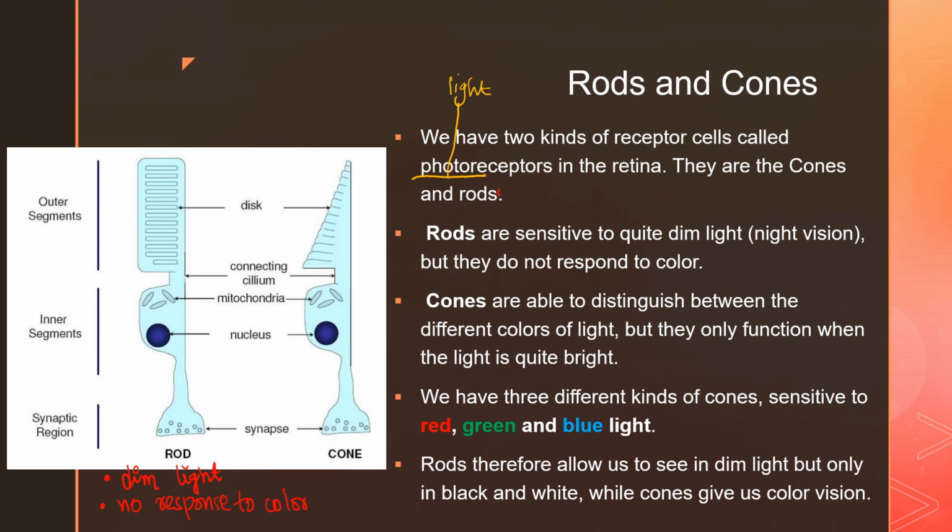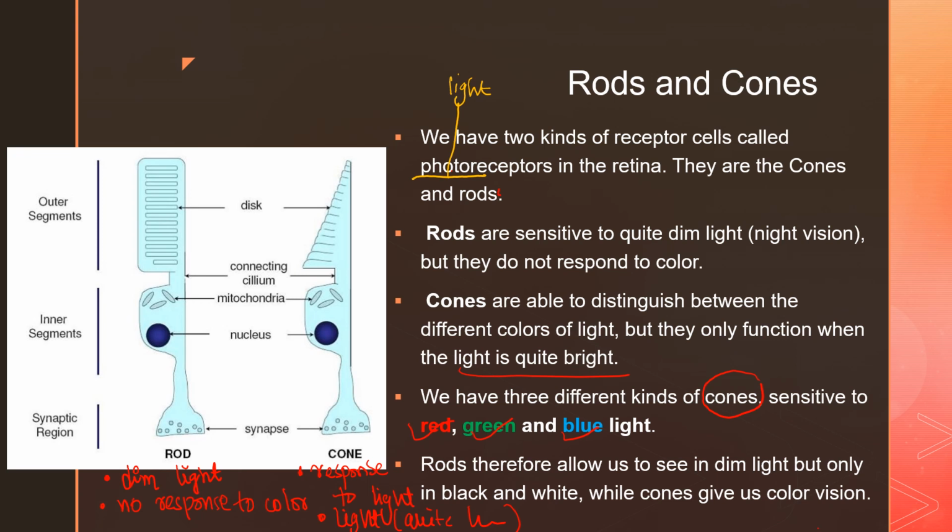Then cones are able to distinguish between the different colors of light, so they respond to light for color, but they only function when the light is quite bright. We have three different kinds of cones, sensitive to red, green, and blue light.